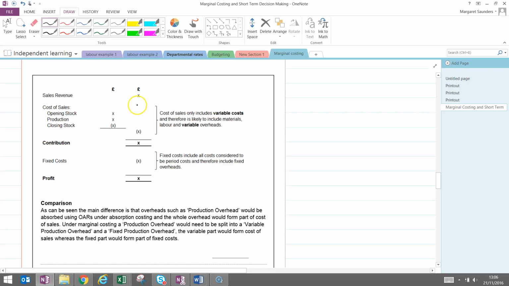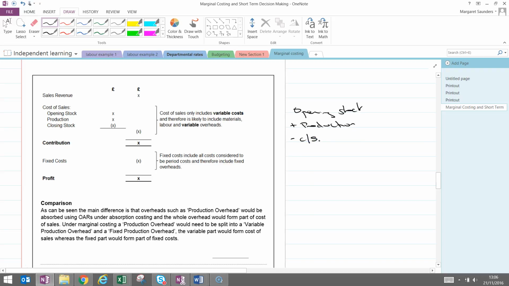So we have a sales revenue, and then we're taking away a cost of sales. Again, cost of sales is opening stock plus production minus closing stock.